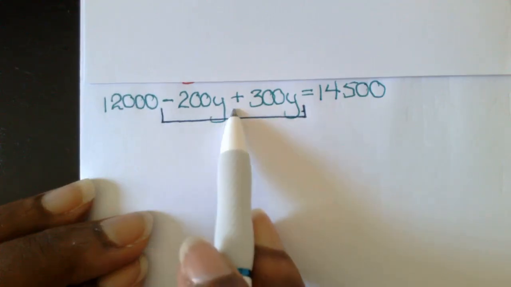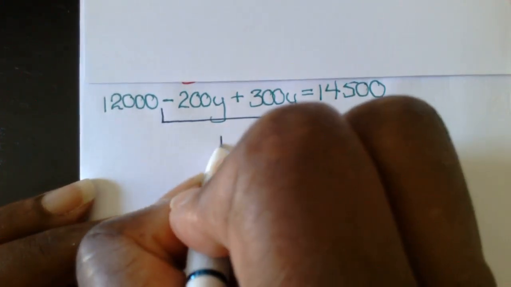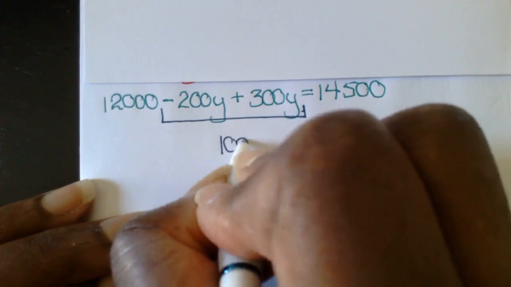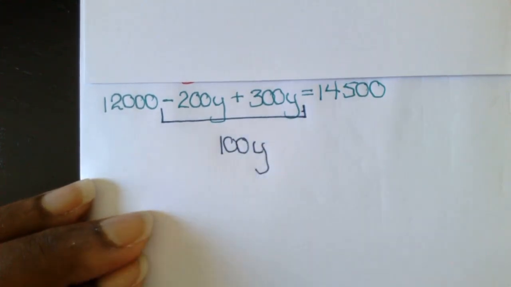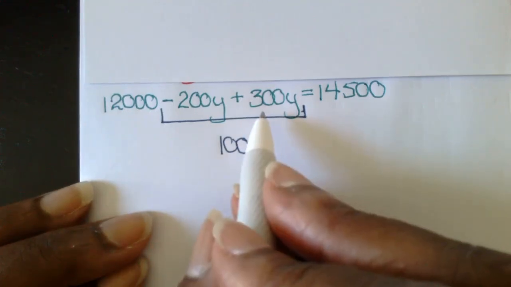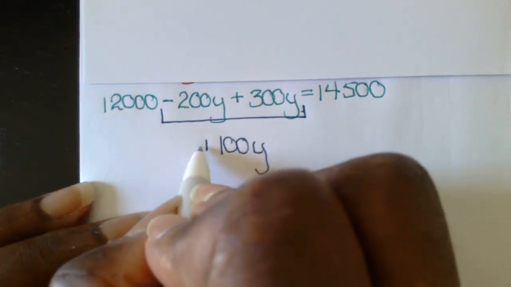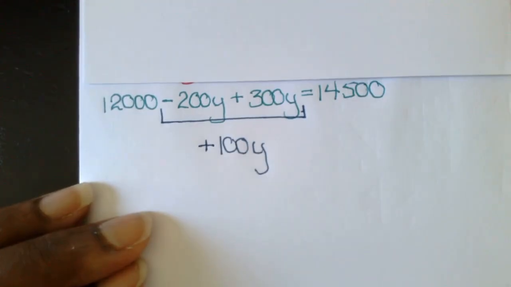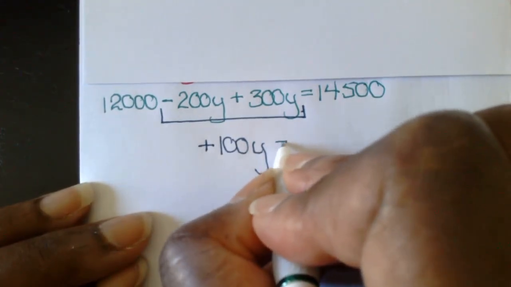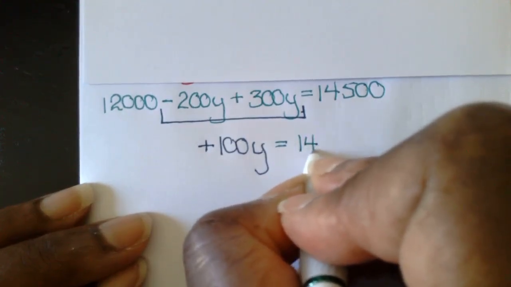So 200 plus 300, that gives me 100. Someone said that earlier. All right, and since it's a positive 100, we're going to make this into a plus. And then we're going to bring everything else down.